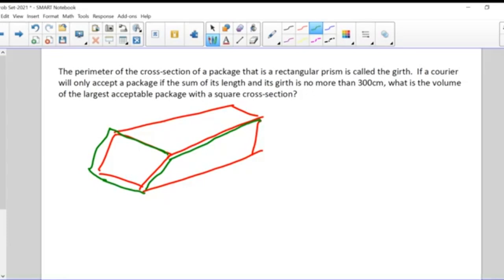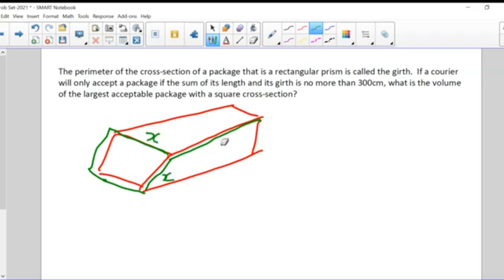So, what's the volume of the largest acceptable package if this thing has a square cross section? It means that this thing that I'm pointing to now, this thing that I'm putting a circle on, is actually a square. So let me give you a start here. If we call this x here, this is also going to be x.